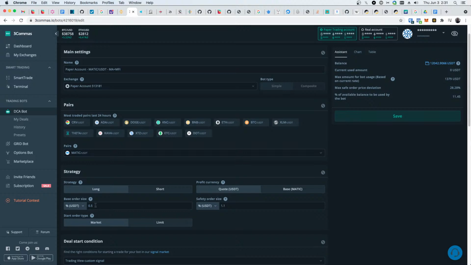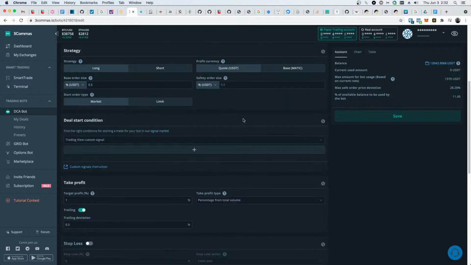So the first order goes in at whatever 0.5% of 12,000 is, and if the market comes against us and triggers our safety order, that would be a 1.1% buy-in at that point to bring in dollar cost averaging. That'll bring your entry point, and as a result your exit point to get out of this trade.